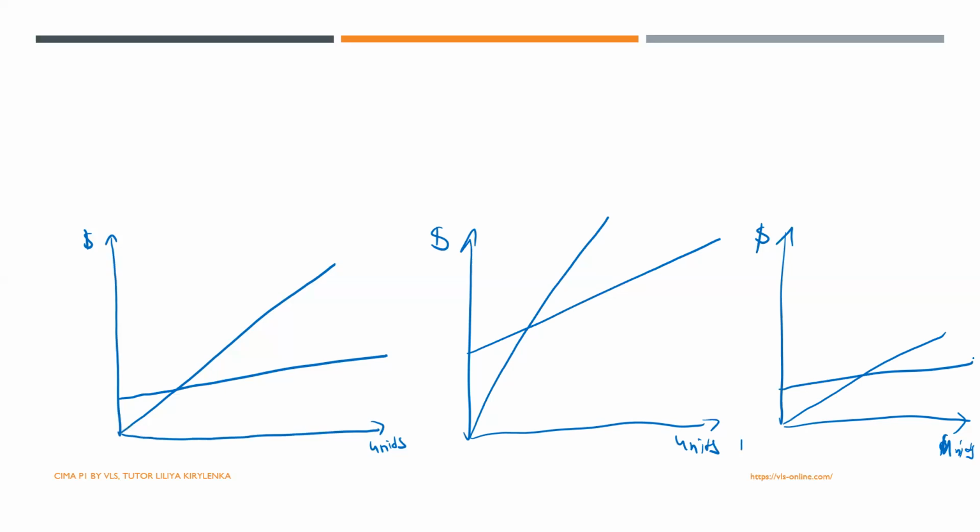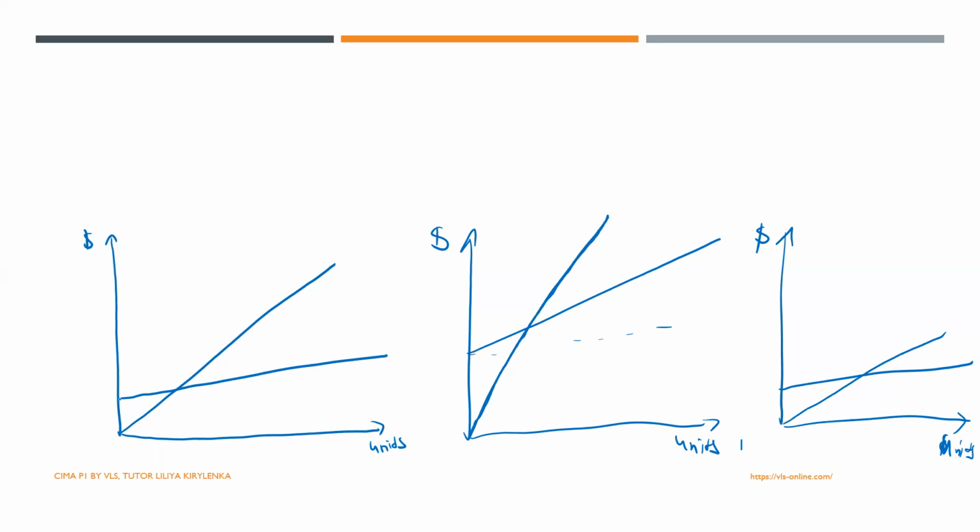Well, you know what? The more vertical, more positive, the greater is the angle of our sales. Well, this means that the higher is the price of this product. And if we have the total cost line, which has a high angle, this means that the proportion of variable cost is higher.